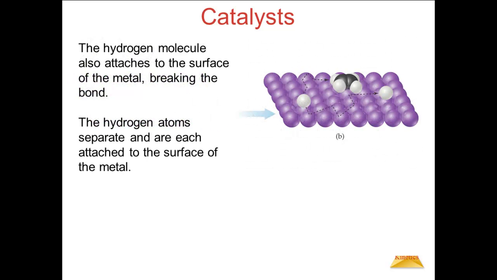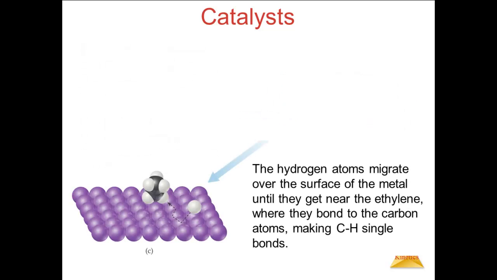The hydrogen molecule also attaches to the surface atoms of the metal, breaking the bond and producing hydrogen atoms. The hydrogen atoms migrate across the surface of the metal and eventually come into contact with the ethylene.